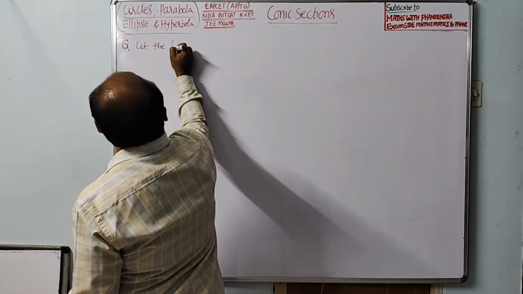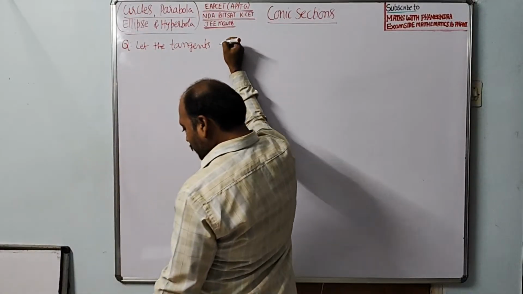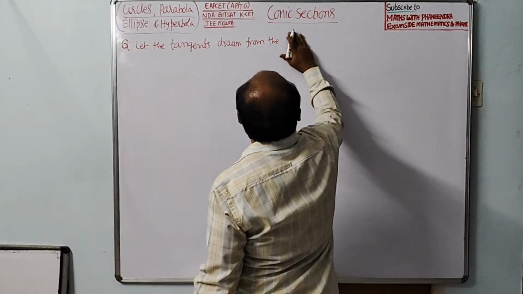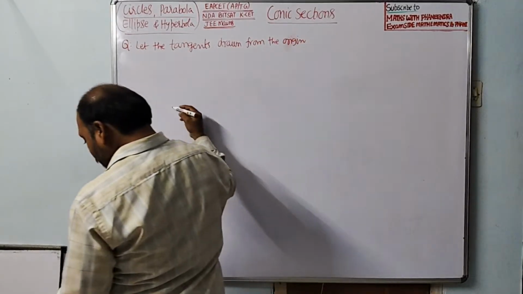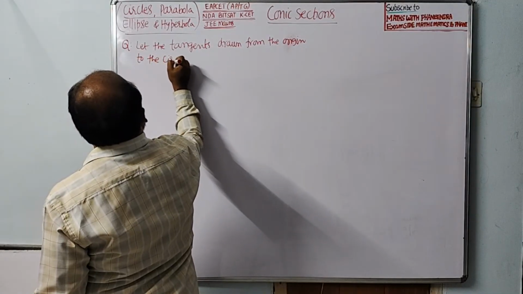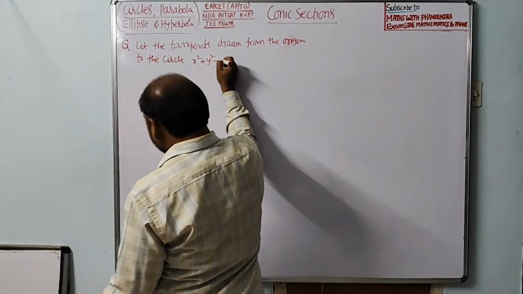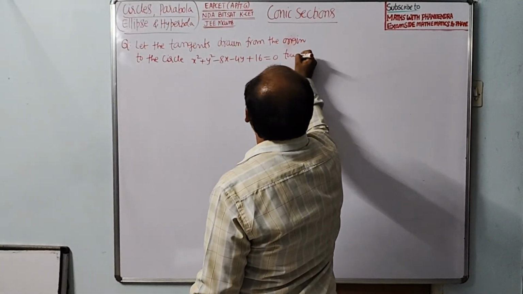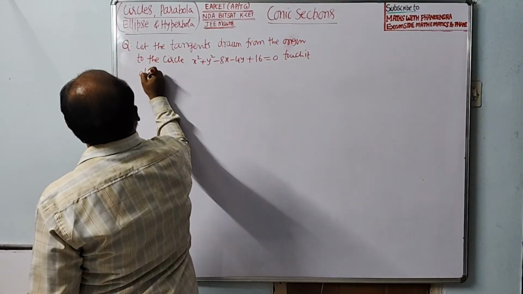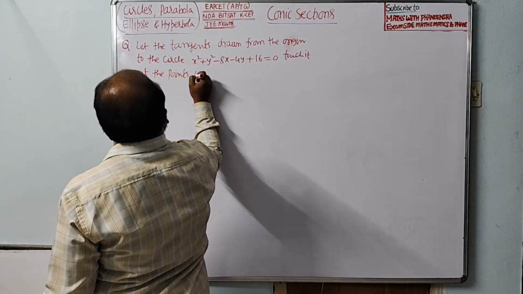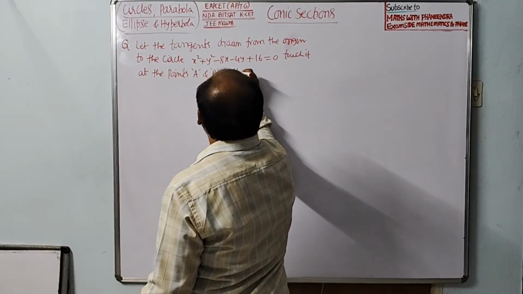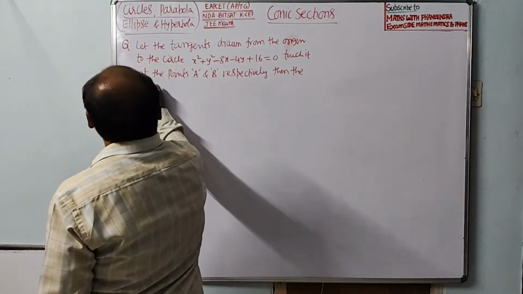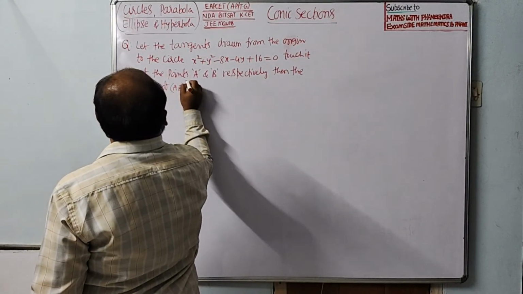Let the tangents drawn from the origin to the circle x square plus y square minus 8x minus 4y plus 16 equal to 0 touch it at the points A and B respectively, then the value of AB square equal to.